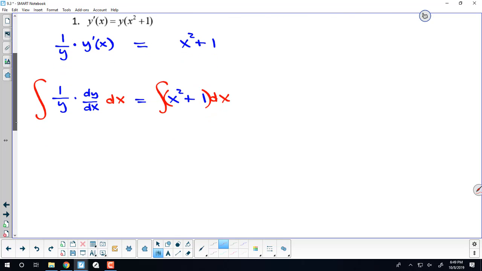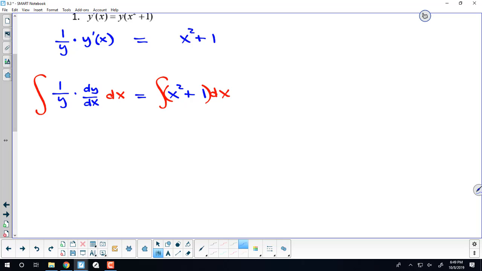And so again, the left-hand side simply becomes the integral of 1 over y dy is equal to the integral of x squared plus 1 dx. So naturally, not all differential equations are separable.